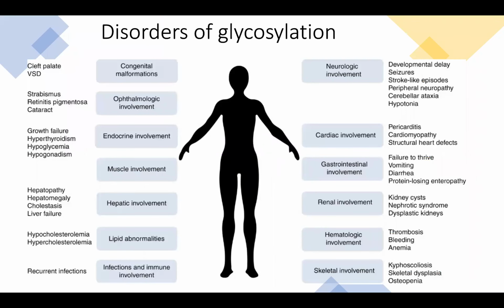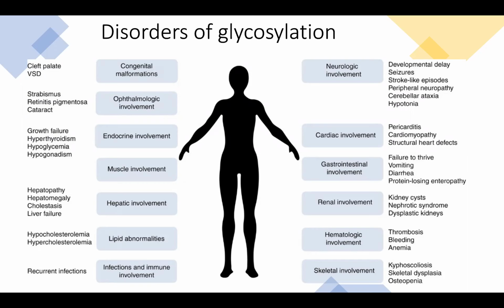So shown on this slide is a diagram with all the possible ways that these disorders affect people. These disorders, they're biochemically and therefore clinically heterogeneous and usually affect multiple organ systems. They're highly variable in terms of their symptoms and severity. The neonatal and childhood presentations are typically the most severe, but advances in gene sequencing have allowed further acknowledgement of less severe presentations.